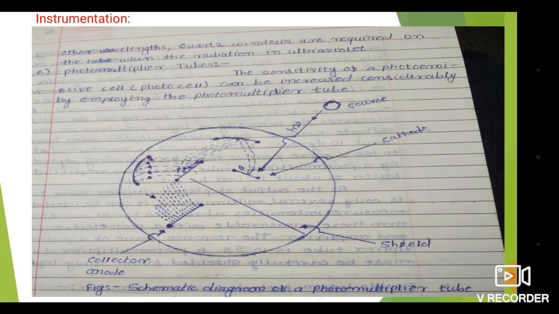It can be used to measure intensities about 200 times weaker than those measurable with photoelectric cells and amplifier. The response time of the photomultiplier tube is 10 to the power minus 9 seconds. A photomultiplier tube must be carefully shielded from stray light.